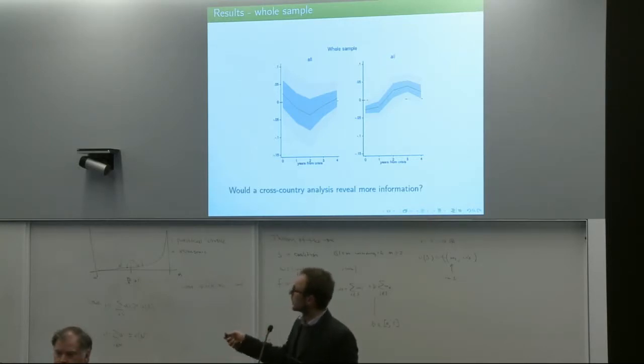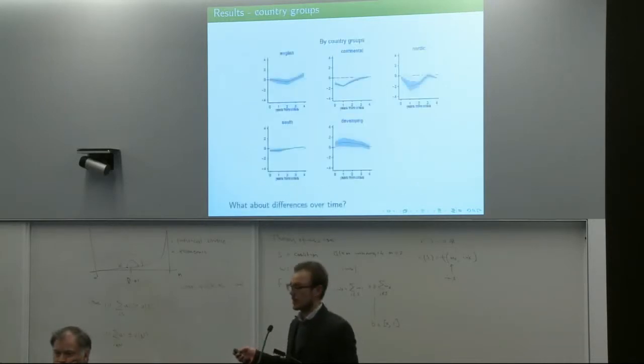What if, obviously, we are pooling all information together here, all crises across all different epochs for every country in the sample. So what if we split this information and we try to observe a more complex relationship between inequality and crisis?